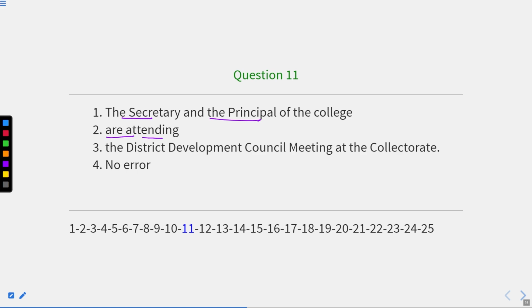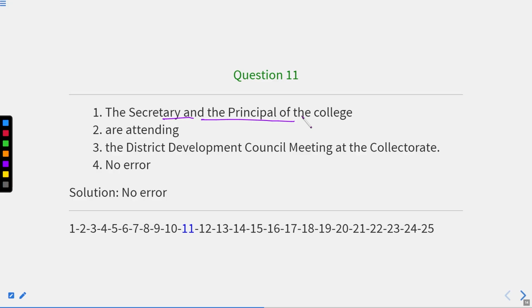So here, are attending the district development council meeting at the collectorate. Okay, so the sentence contains no error at all. Each and every part of the sentence is absolutely correct, because here we are talking about the secretary and the principal. Before both of these we have the article. Therefore this are attending is absolutely correct. So the sentence contains no error.